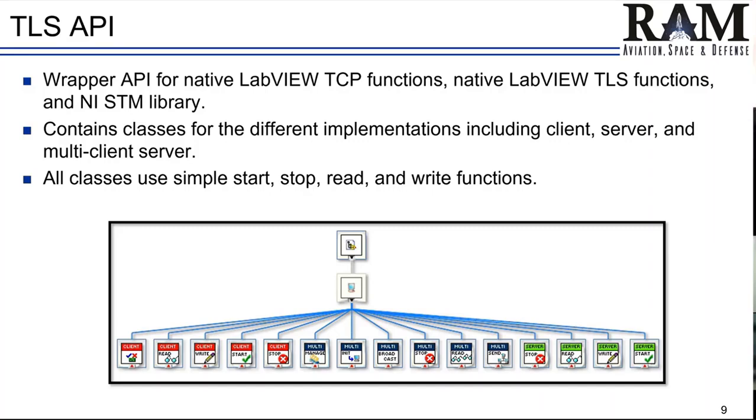The reason for developing this tool was, as we started looking into encrypting data transmitted over the network, we realized the TLS functions were released in 2020, which was a fantastic improvement for LabVIEW. But getting that actually working and implemented, you have to go through some examples and see what the proper order of operations is for negotiating that TLS communication.